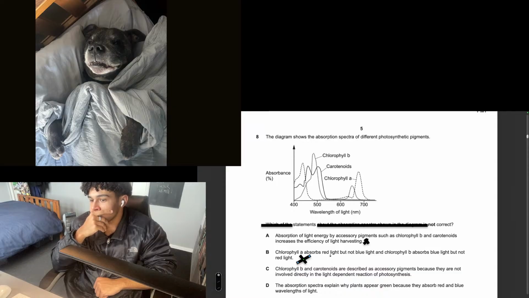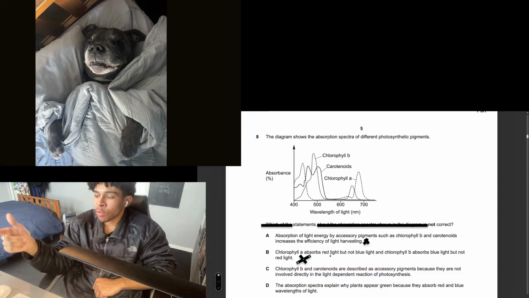So chlorophyll B is more produced when it's autumn, and autumn is when leaves turn red. So it means they're not absorbing red. So that's right. So they're most likely absorbing blue. However, this first statement's wrong, I think. Chlorophyll B and carotenoids are described as accessory pigments because they are not involved.